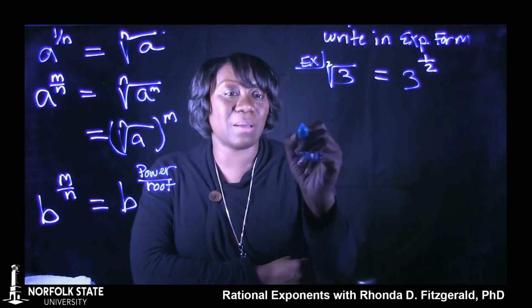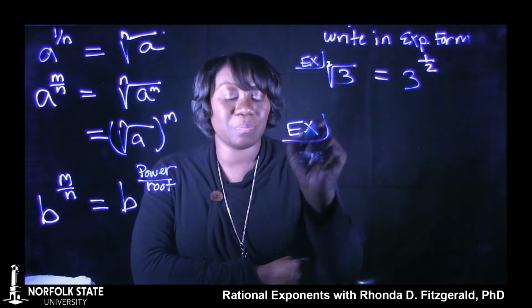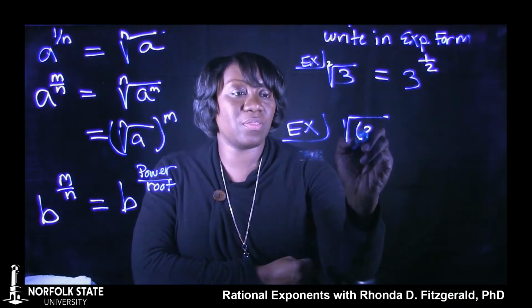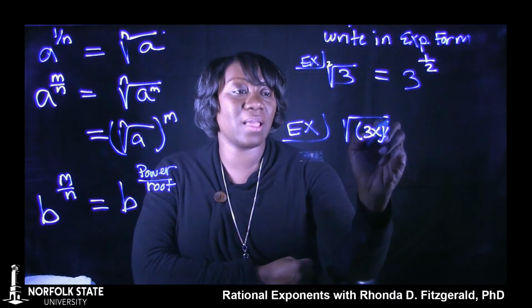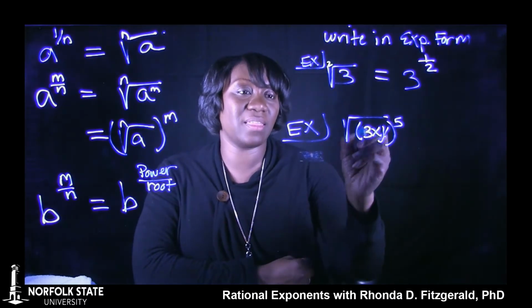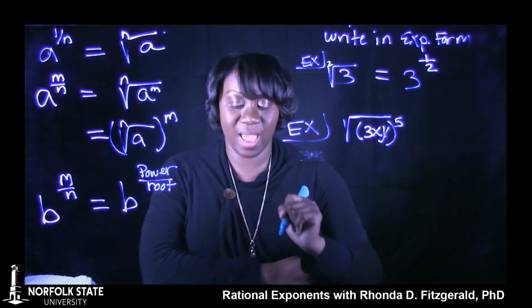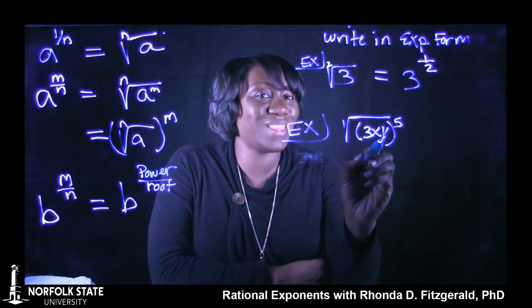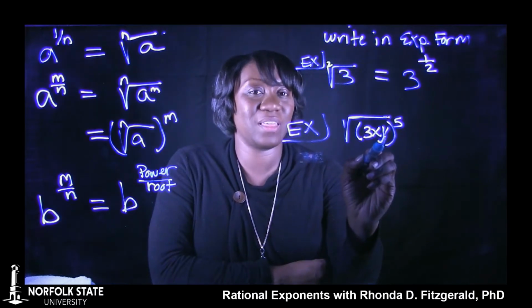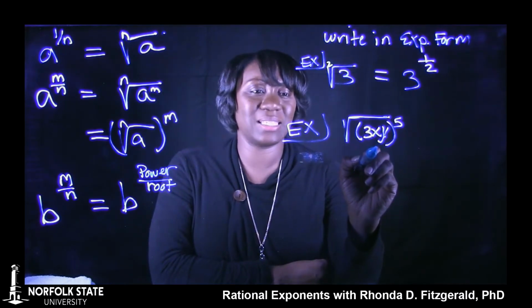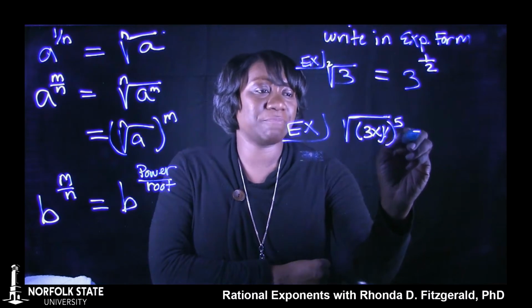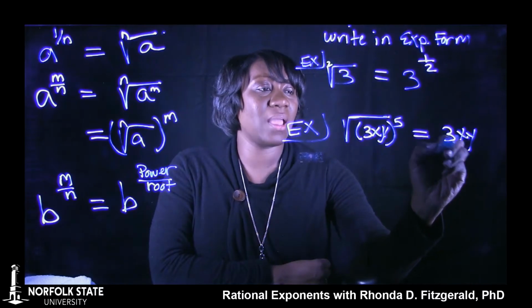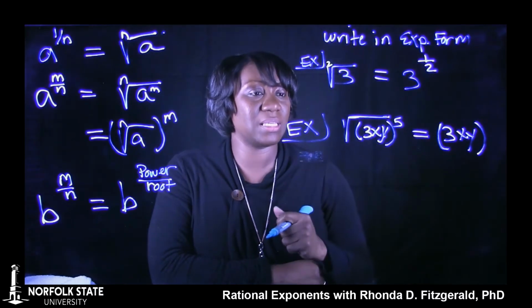Let's look at another example. If I have the square root of 3xy raised to the 5th power. Notice everything in the parentheses is being raised to the 5th power. So how do we deal with that in this situation? Well, once again, I'm going to take my 3xy, because they're all together in the parentheses.